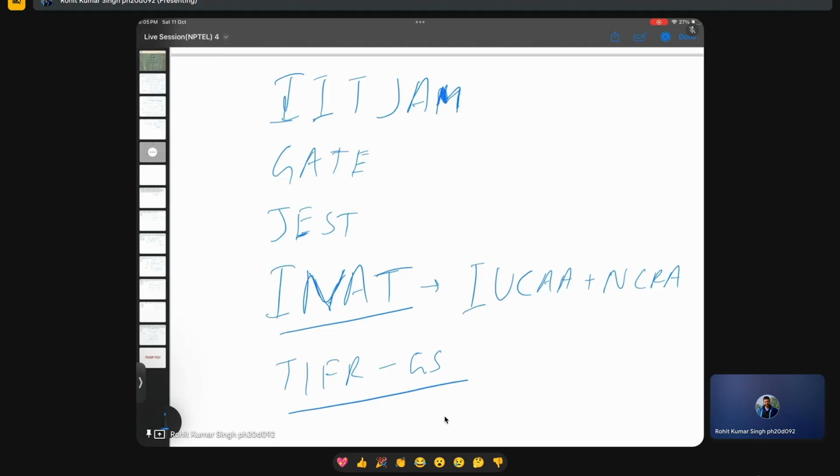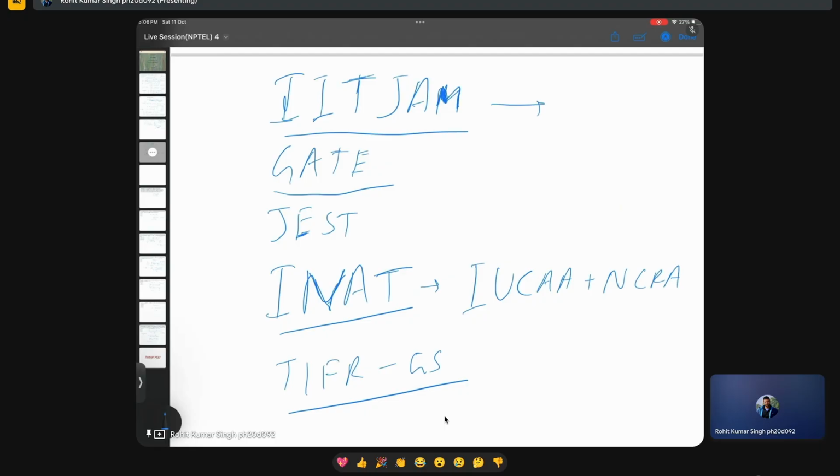Yes, sir. So IIT JAM is the most simple one. GATE you can write after BTech, but I don't think you can write GATE after BSc, right? I don't know, sir. Yeah, GATE you cannot write after BSc. There is also GATE physics.